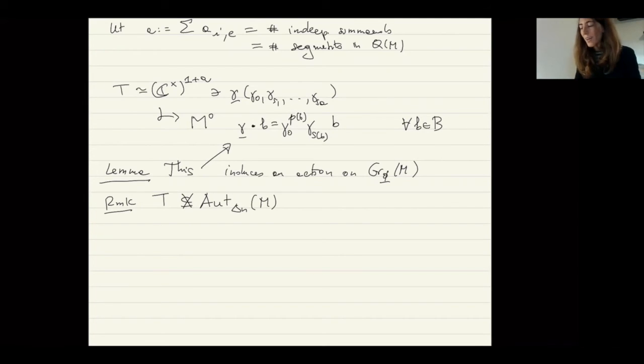If it were a subgroup of the automorphism group of M, then that would be okay, right? You can always prove that if you have an automorphism of your quiver representation, then every element gives you an action, so you also get an action on the corresponding quiver Grassmannian. It descends to the quiver Grassmannian. Well, this is not the case, but still it induces an action.